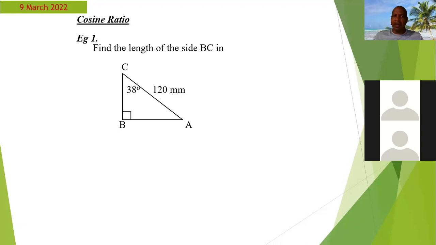And then now we are asked to find the side BC. As I mentioned before, whichever side that we are asked to find, it is customary to label that side with an unknown. In this case, we're going to label that side with X.